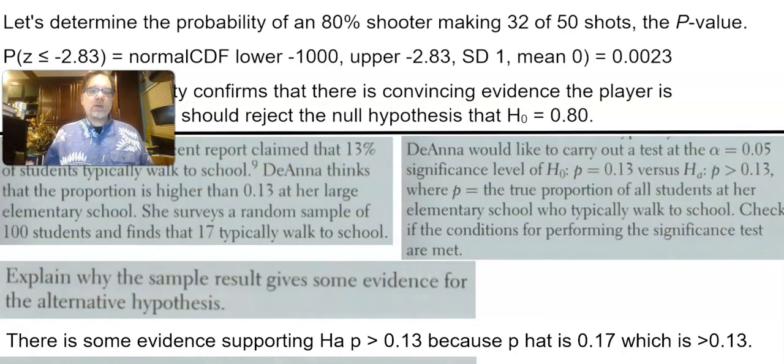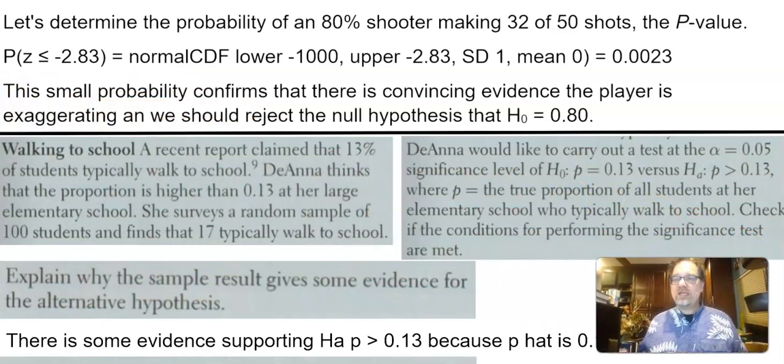Okay, let's determine the probability of an 80% shooter making 32 of those 50 shots for our p-value. When I find the probability of what he actually did, that's going to be my p-value. So the probability that z is less than or equal to negative 2.83, we're going to do our normal CDF, where we have our lower value of negative 1,000, upper value of negative 2.83, standard deviation of 1, and we get 0.0023.